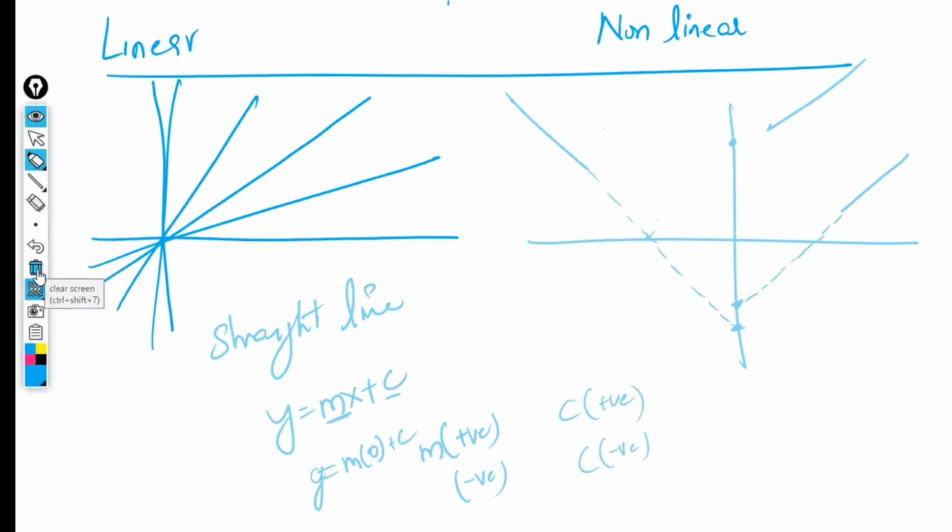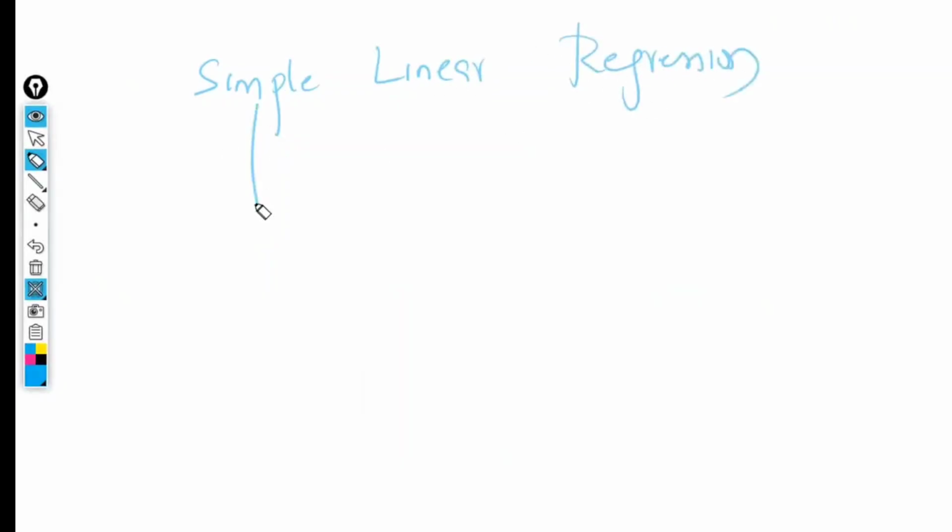So, simple linear regression. First, what is meant by simple? Simple means one x variable, one y variable. Linear means the relation between them is y is equal to mx plus c.